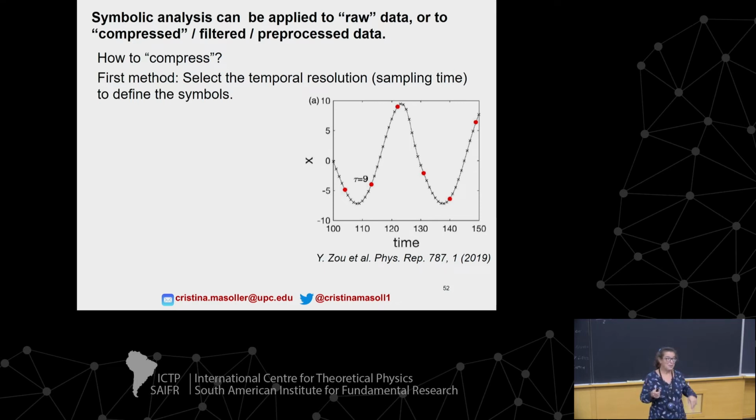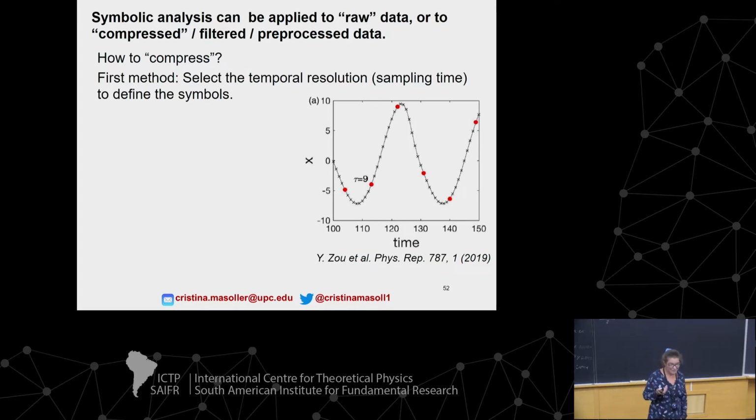The trend patterns, which are the 1, 2, 3, or 3, 2, 1, are going to be much more probable than all the others. Because all the others will occur just down here, you have an oscillation. Up here, you have another oscillation. But most of the time, the system is either going up or going down. Okay, so it's trivial. You won't get any useful information.